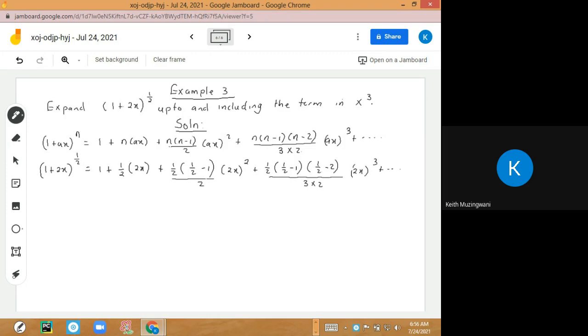Once you reach power 3, the question says up to and including the term in x3. So we leave it there, come down to simplify.